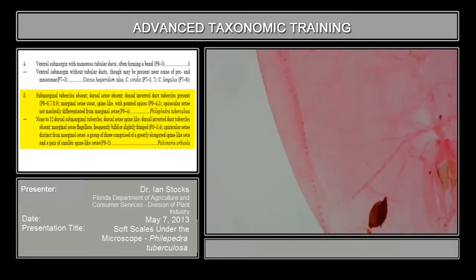The different species in the genus Philephedra can be keyed out by comparing if those duct tubercles are restricted to certain areas of the dorsum, or if they're not restricted, what's the number of them in their distribution? Are there just a few of them? Are there many tens of them, for instance? Okay.